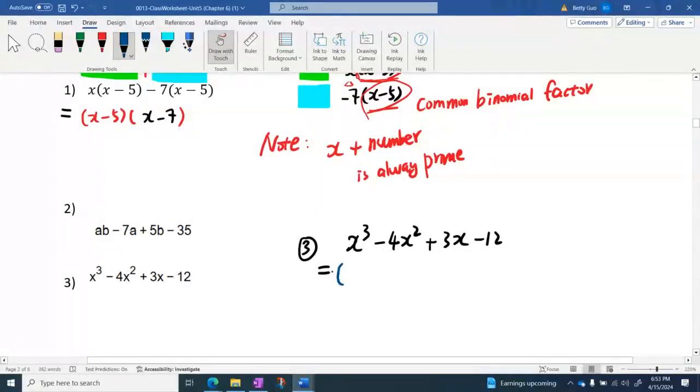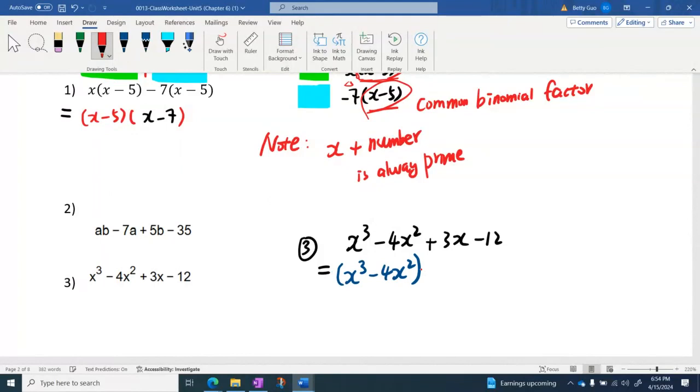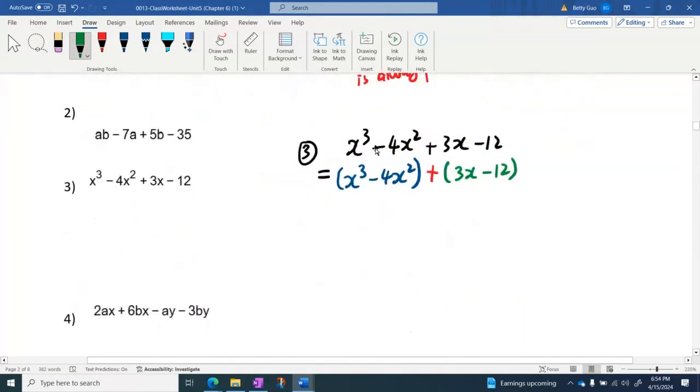So the first 2 terms as the blue group, and the plus, and the last 2 terms as the green group, minus 12. All right, this is how we group the first 2 terms and the last 2 terms.